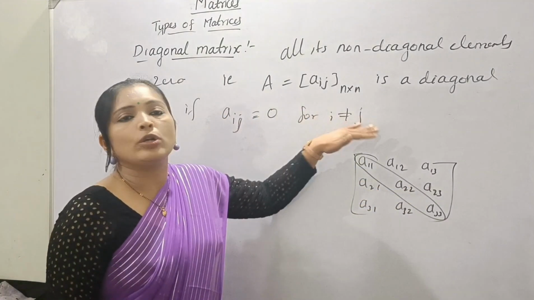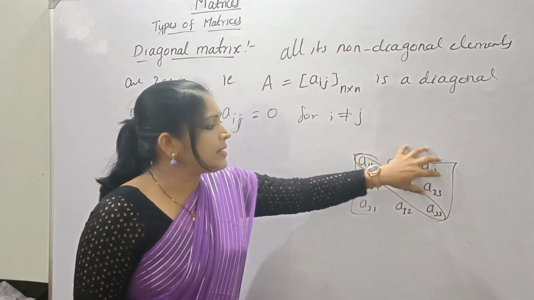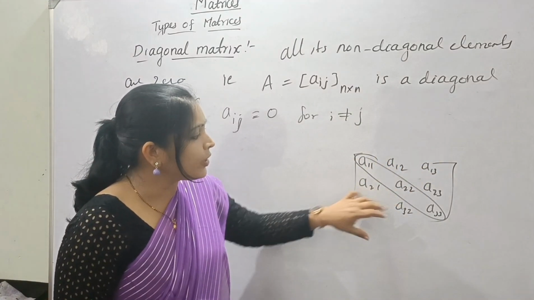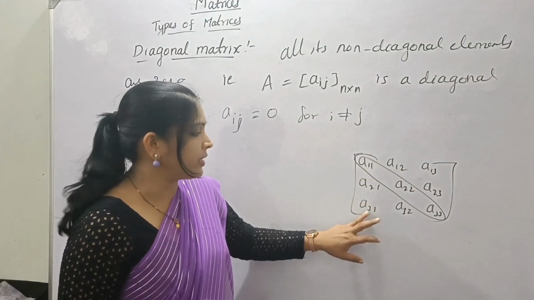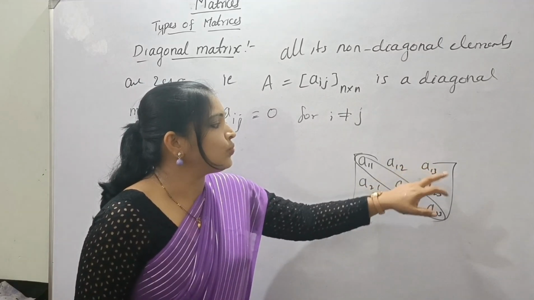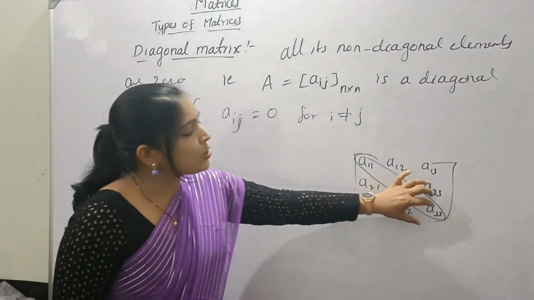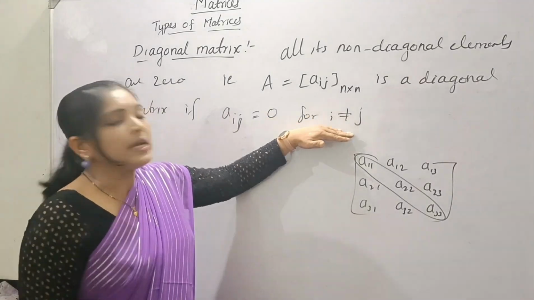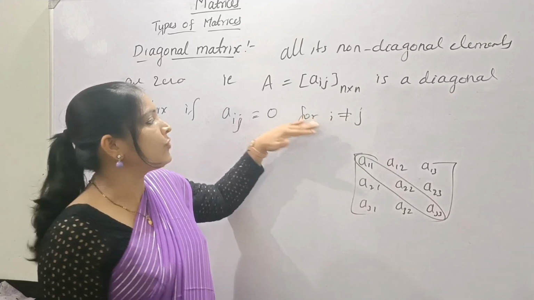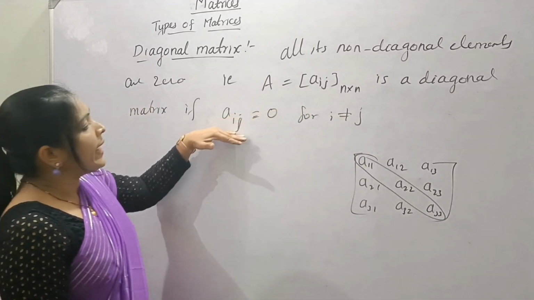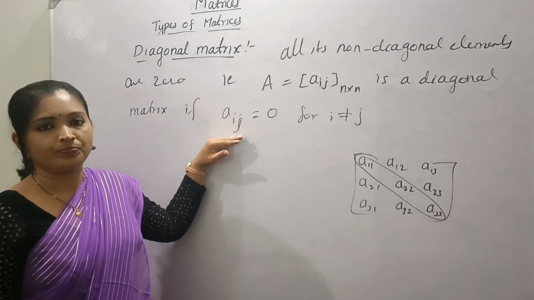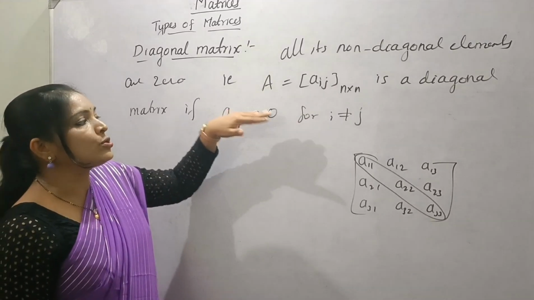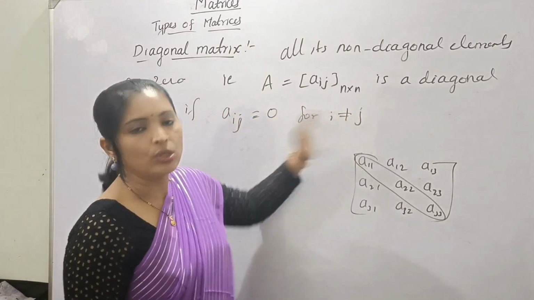In these elements, i not equal to j: 21, 31, 32, 12, 13, 23. Except the diagonal elements, for i not equal to j, Aij is equal to 0.